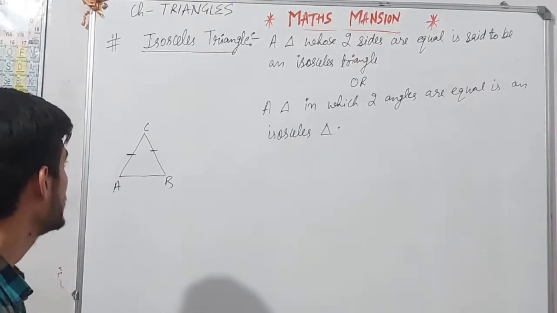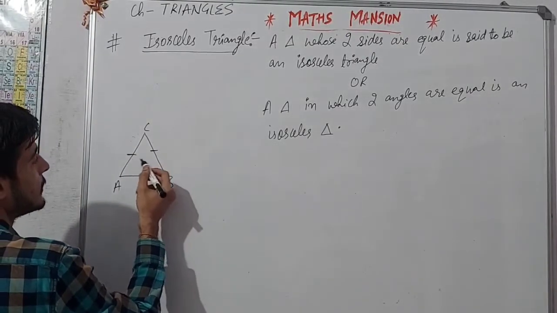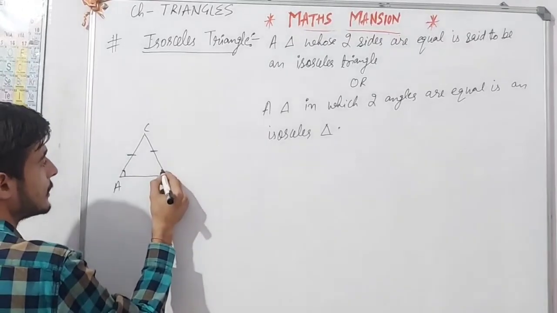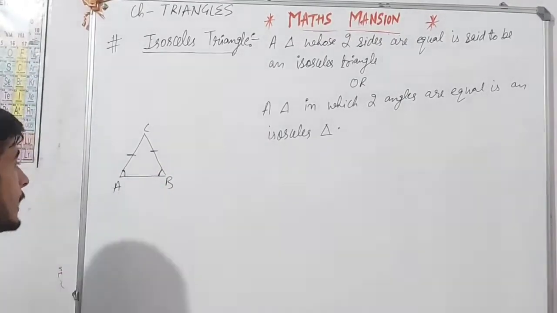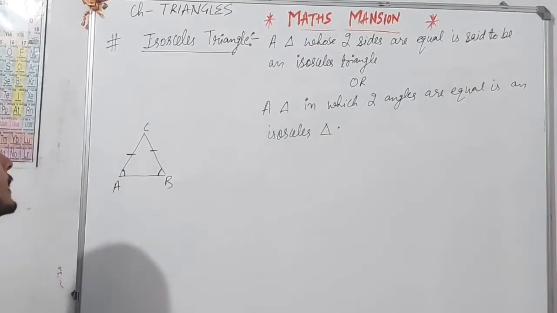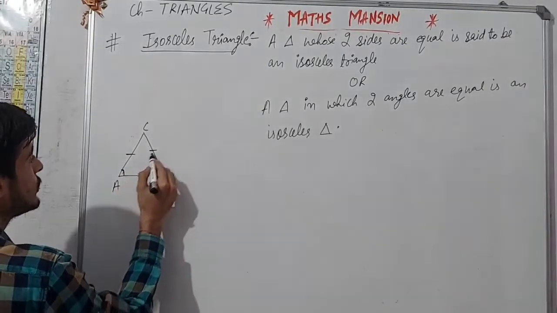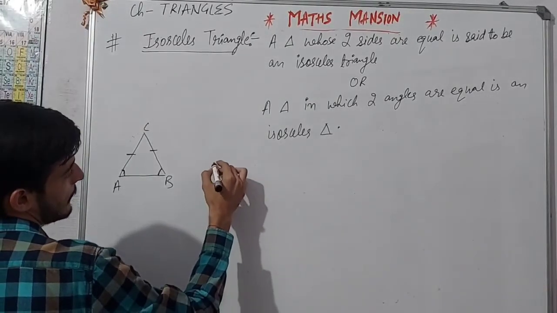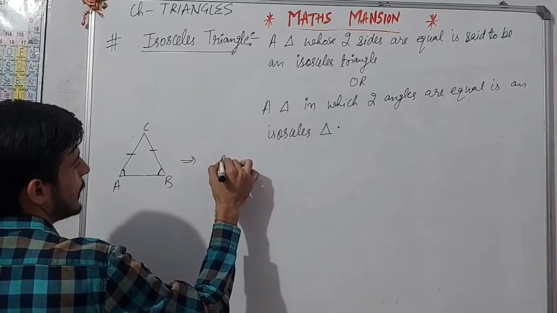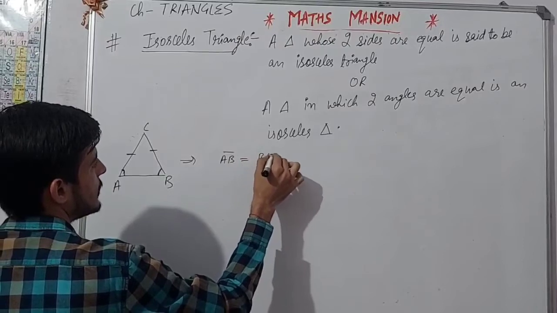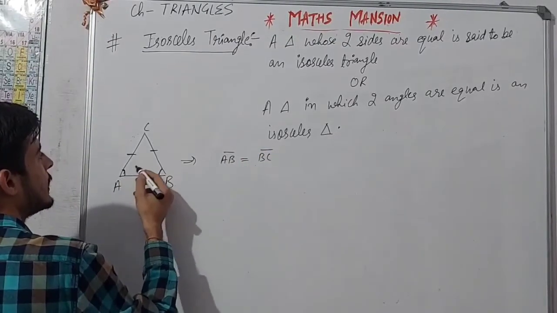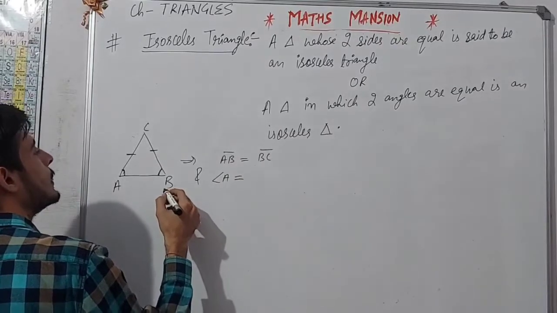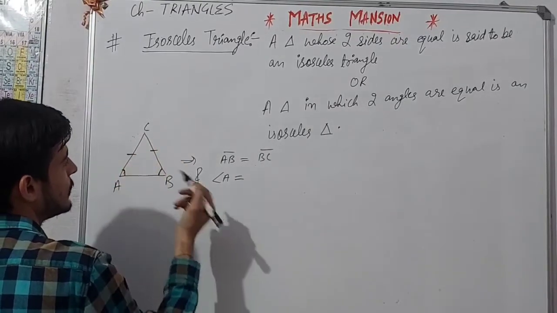The opposite angle to BC is A and the opposite angle to AC is B. So if ABC is an isosceles triangle, then definitely angle A, which is opposite to BC, will be equal to angle B, which is opposite to the other equal side AC.